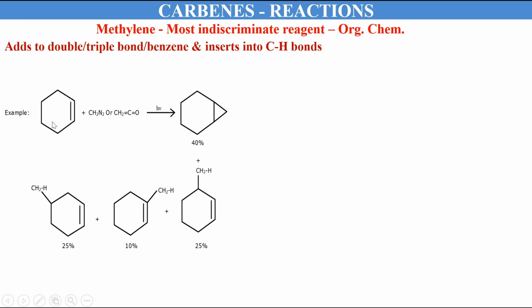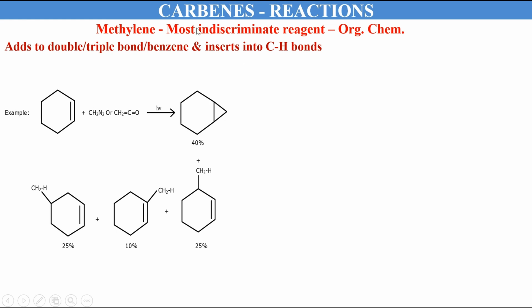If I take cyclohexene and treat it with either diazomethane or a ketene and pass UV light into the mixture, I'll get 40% of the cyclopropyl product, and other inserted products, a mixture of products. Why this mixture of products?